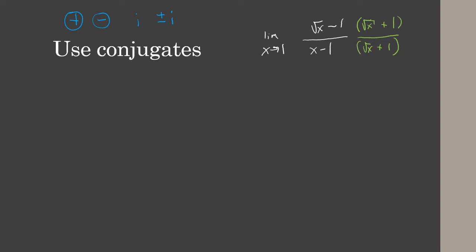So let's rewrite it down here. We've got the limit as x goes to 1 of square root x minus 1 over x minus 1. And if we used direct substitution, we would have 0 in the denominator, which would be undefined. And so this is why we're using the conjugate pair.